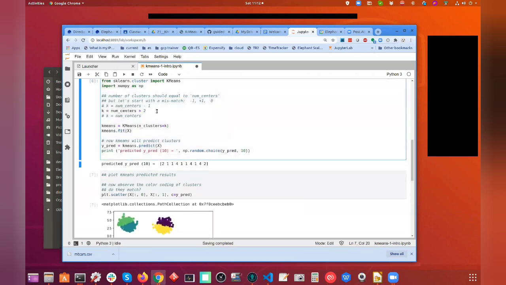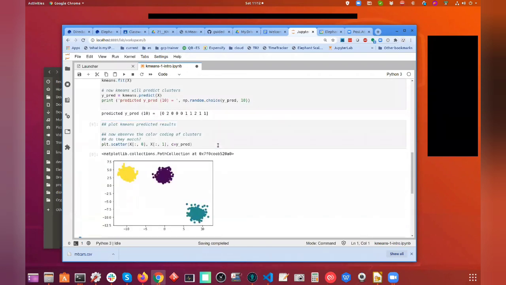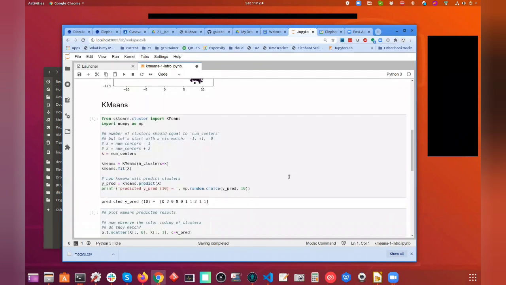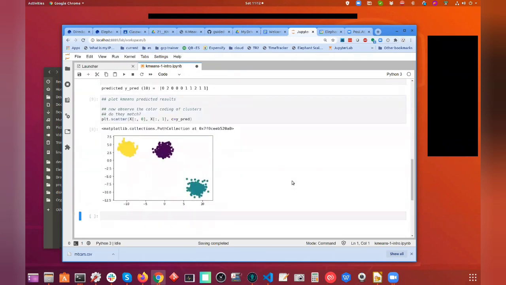So what you really want to do is find the actual number of clusters. When you do that, and when you plot this, then K-means output matches the actual output, right? So it's kind of a fun way to look at how K-means just clusters. Any questions on this one, guys?